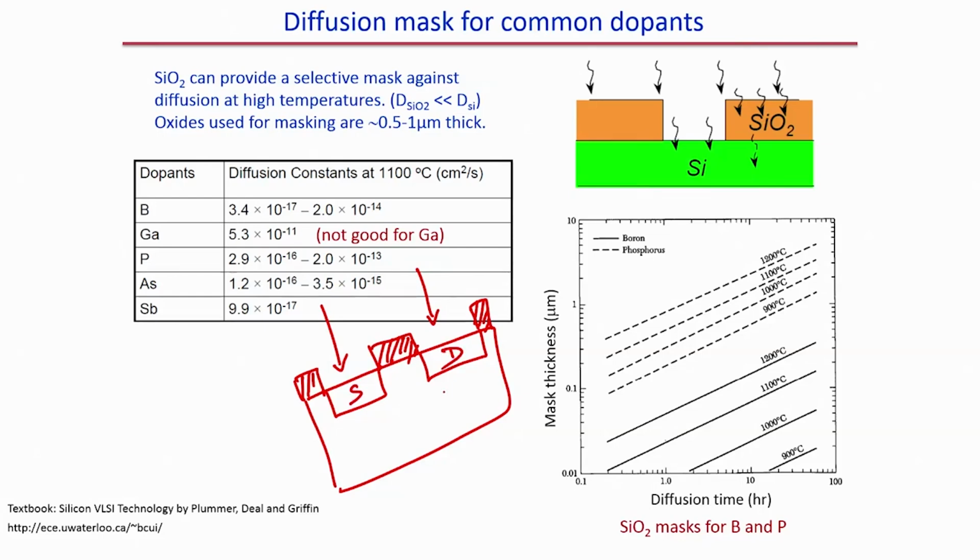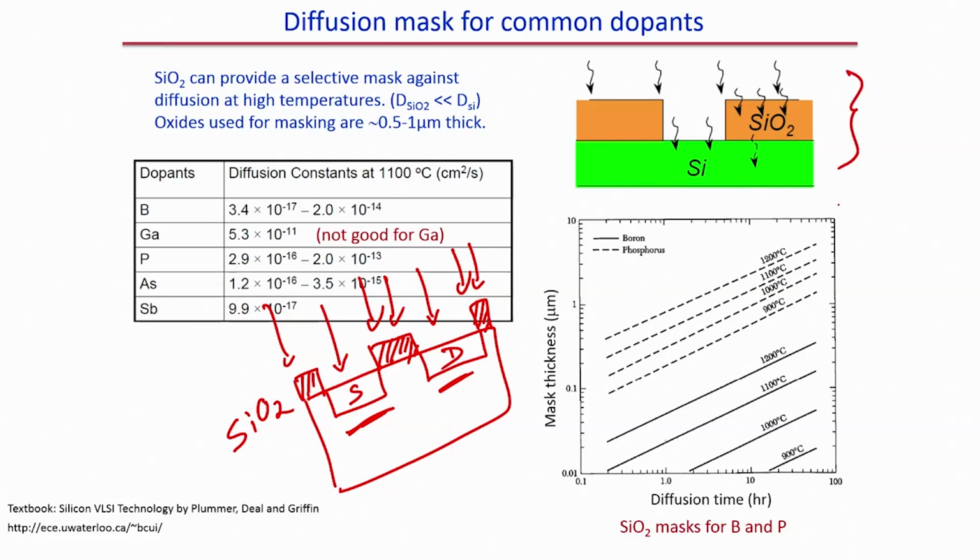When I perform this doping, I am doping the entire wafer, but I am interested only in these two areas. So, when I am doping, I can protect the areas which are not required to be doped with the help of silicon dioxide.